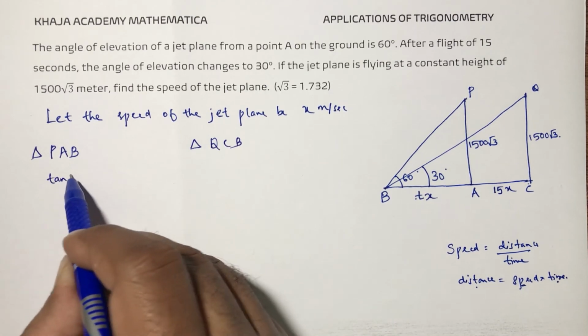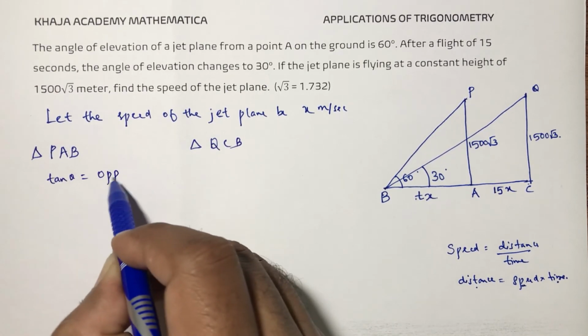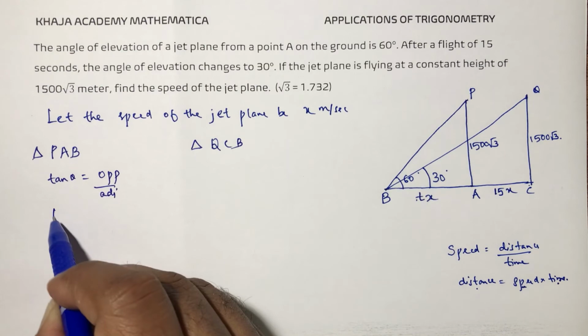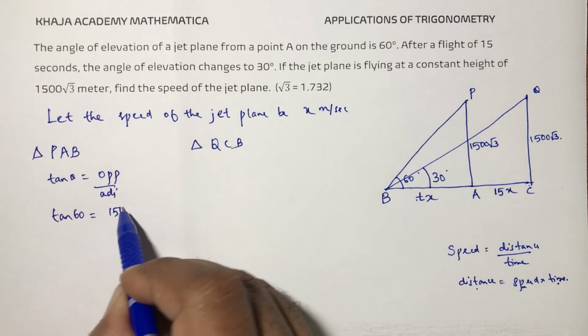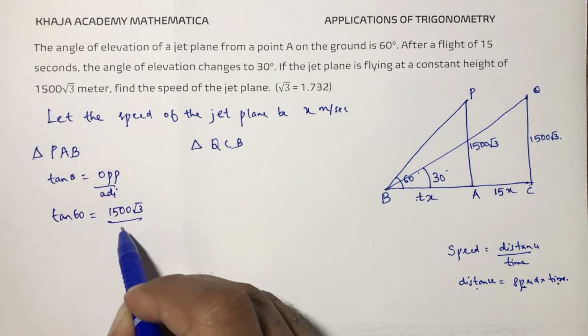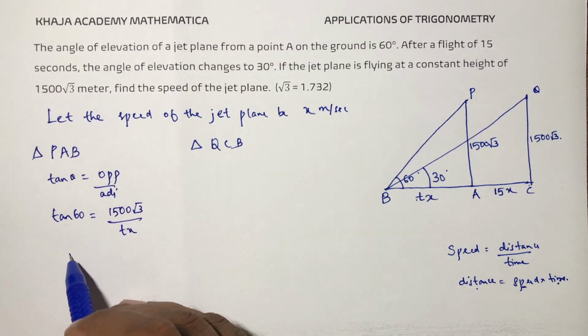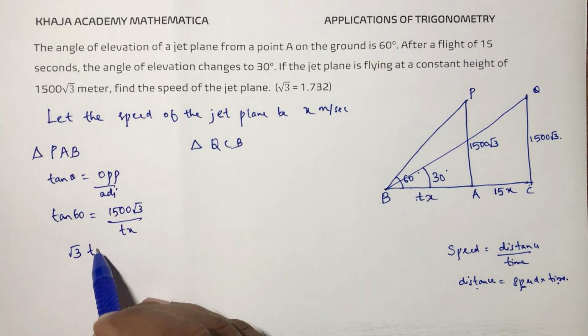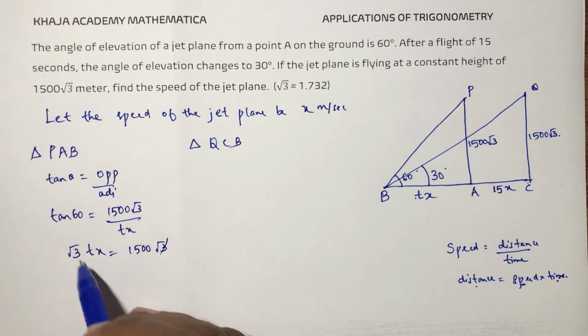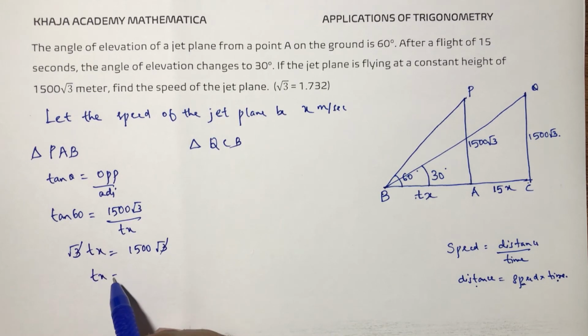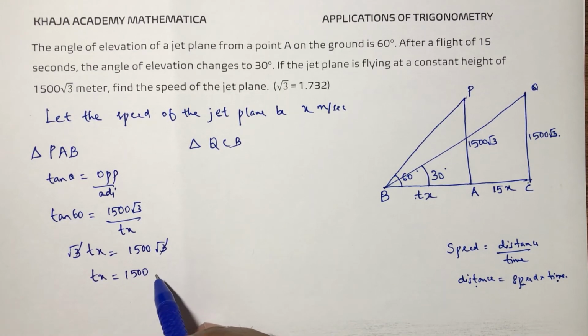Tan theta equals opposite by adjacent. So here tan 60, opposite is 1500 root 3, adjacent is tx. Tan 60 is root 3. Root 3 tx, if we cross multiply, is 1500 root 3. Root 3 cancels. So tx equals 1500.